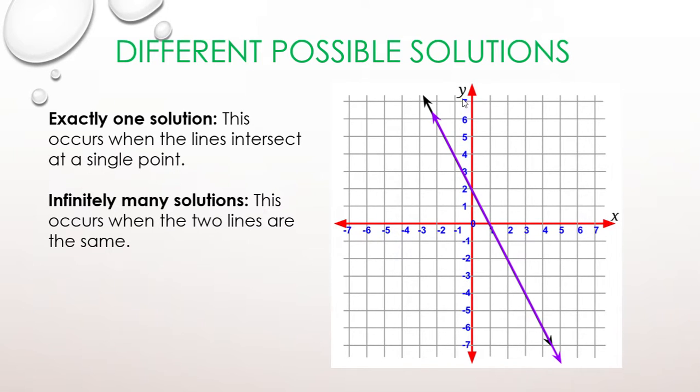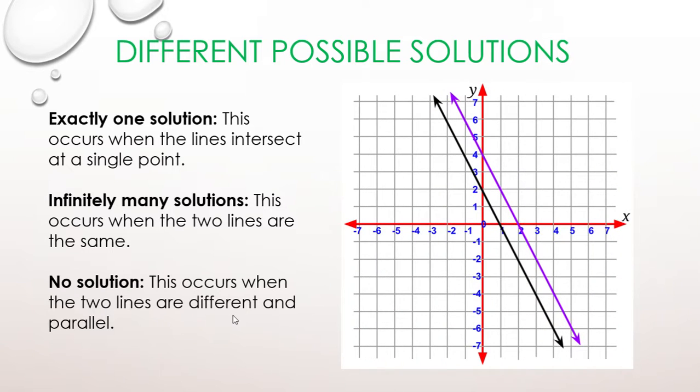I don't know if you can see it, but there's the black line and then there's the purple line. They're the exact same line. They overlap with each other. We have no solution, and this occurs when two lines are different and they are parallel. The black and the purple, no matter which direction you go, you will never see those two lines cross because they have the same slope.